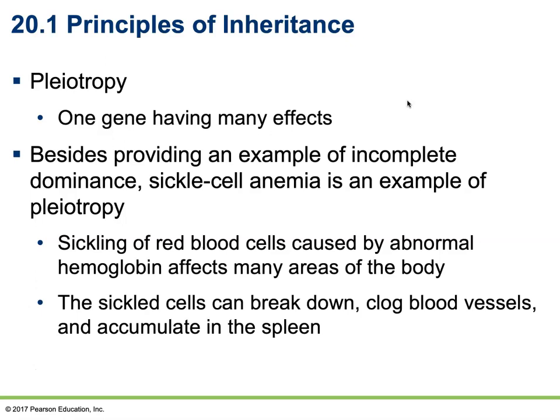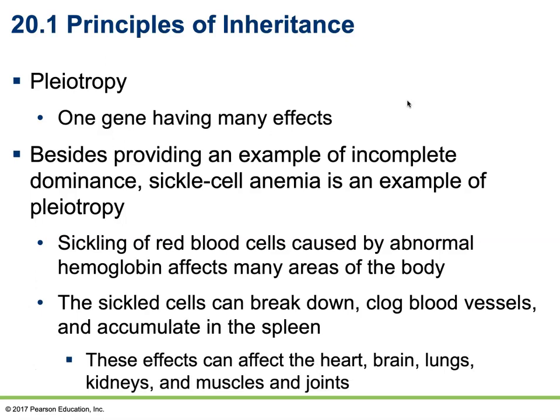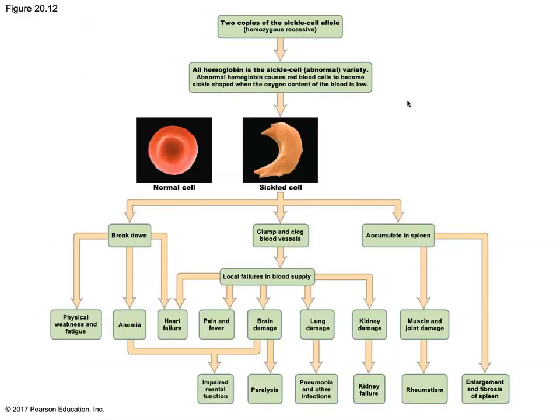Those sickle cells can break down, clog vessels, accumulate in the spleen, and wreak havoc in many areas of the body. These effects can also affect the heart, brain, lungs, kidneys, muscles, and joints. So just because it's a trait for a particular blood cell doesn't mean it may not also have effects elsewhere in the body. Here's an example of how that sickled cell can cause issues in all of these different systems.